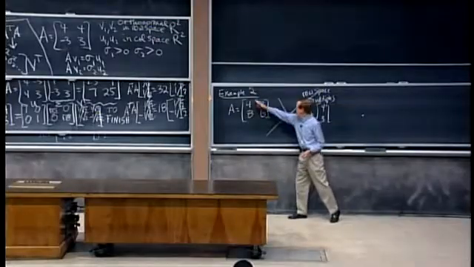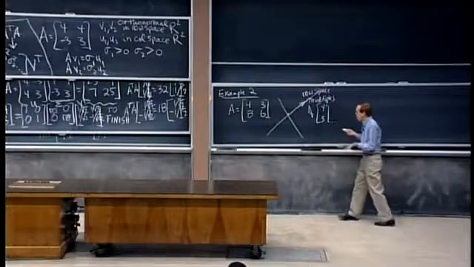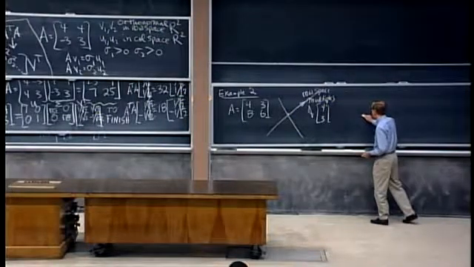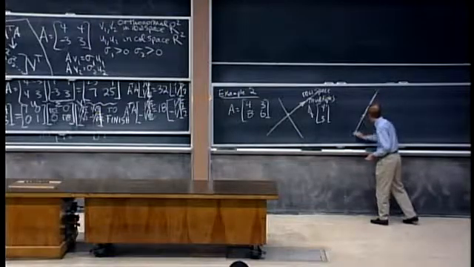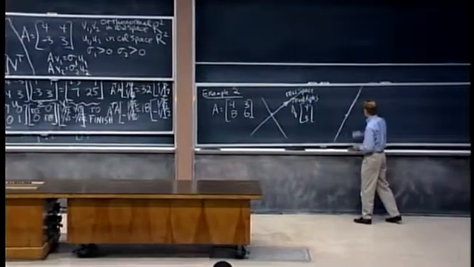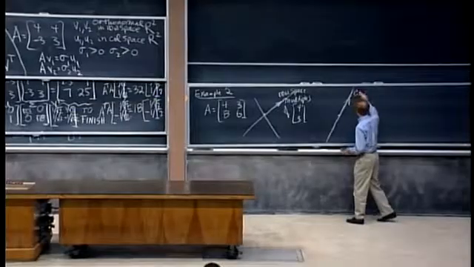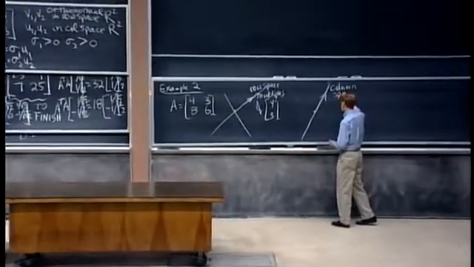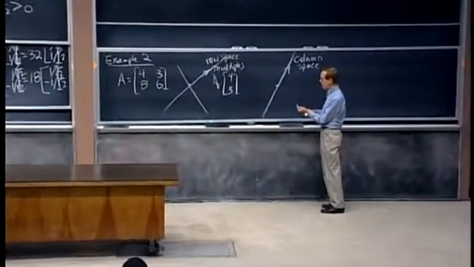Okay. What's the column space? The columns are all multiples of 4, 8, 3, 6, 1, 2. The column space then goes in this direction. So the column space, when I look at those columns, is only one-dimensional because the rank is 1.